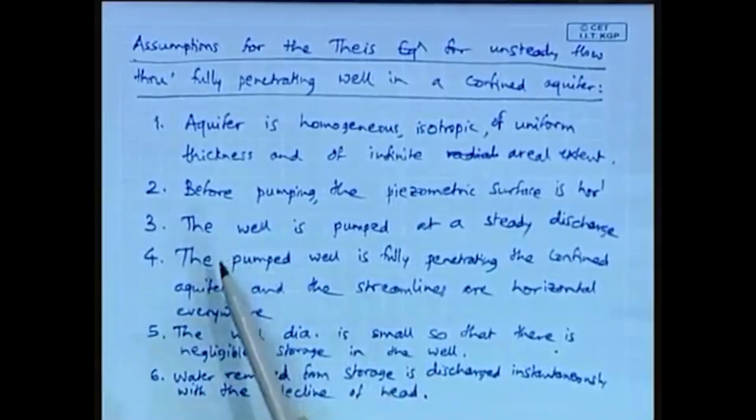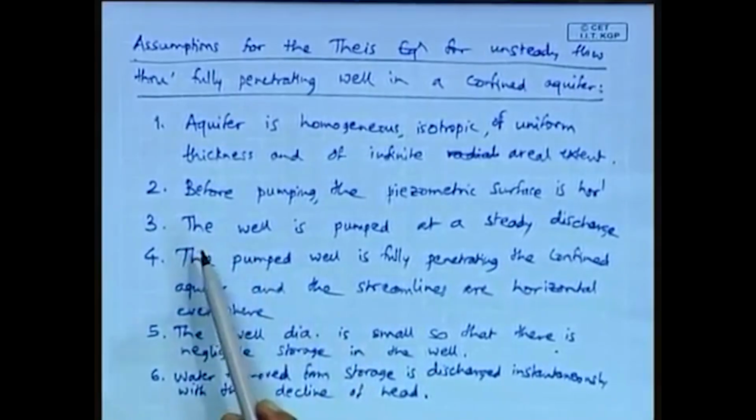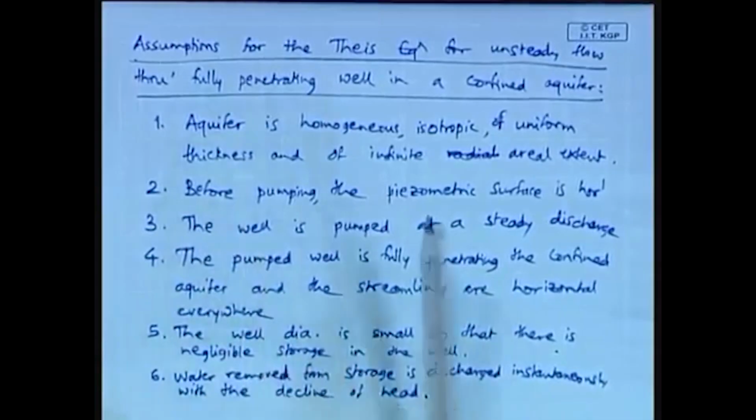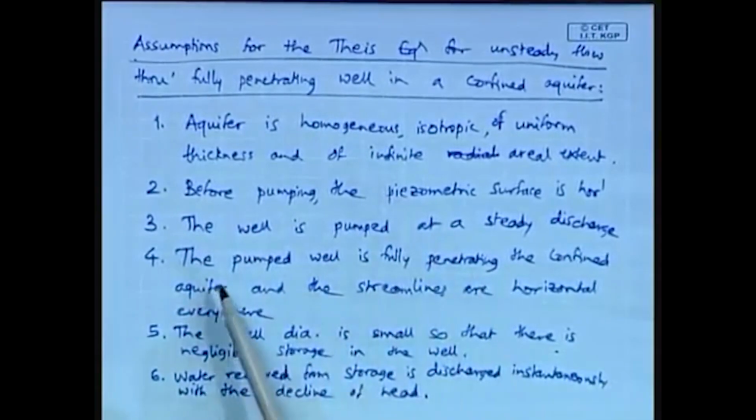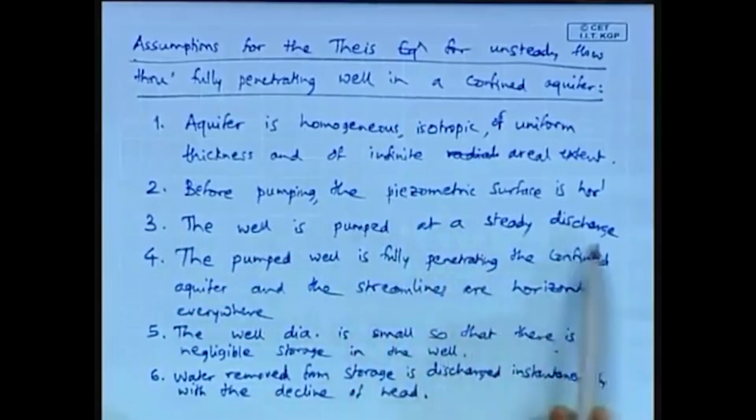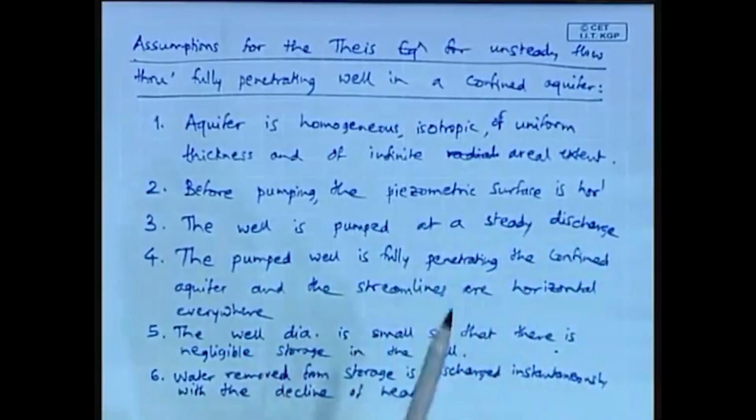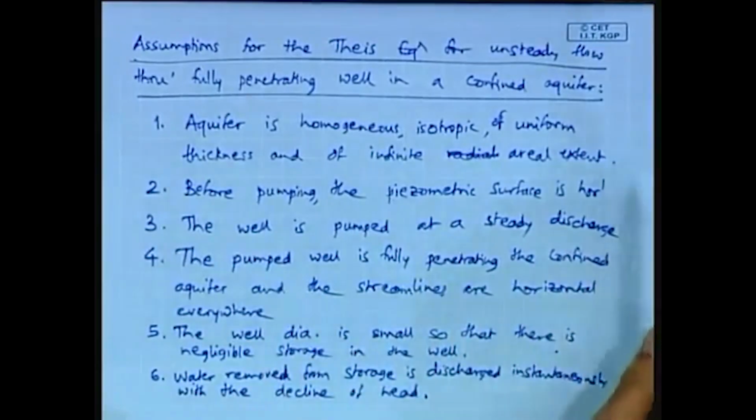Here we should note that, as I have already made amply clear, the well is pumped at a steady discharge. Okay. And so, in the next class we will discuss the unsteady flow through the well in an unconfined aquifer. Thank you.